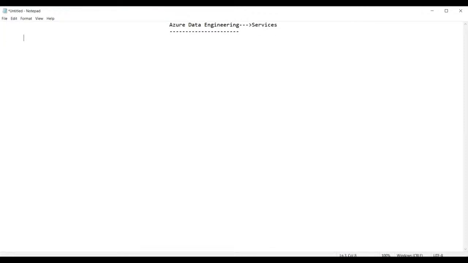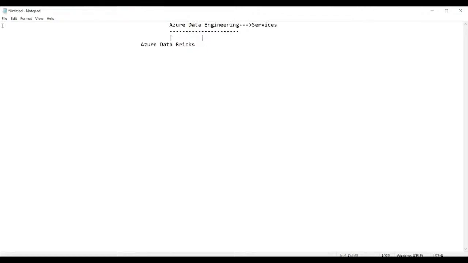Let us see the first one: Azure Databricks.